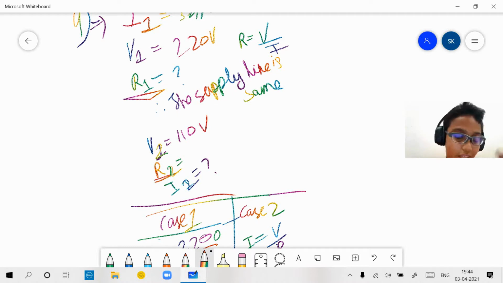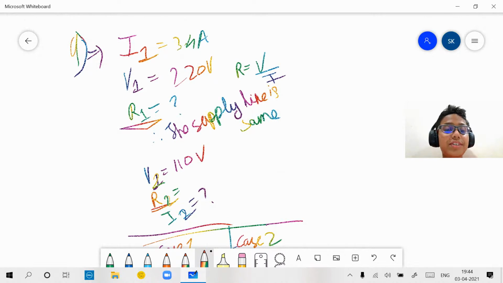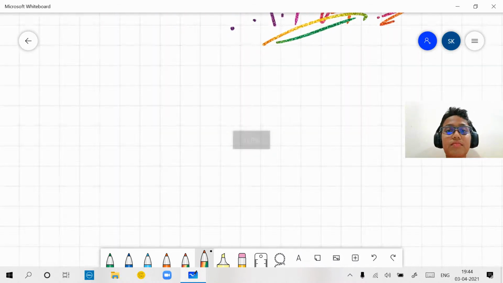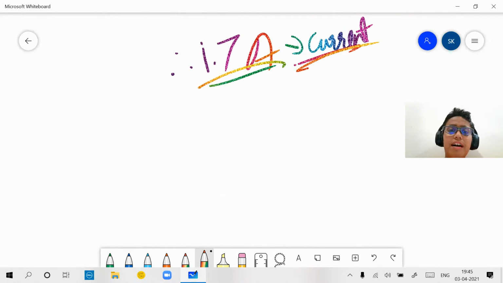So as both are in proportion, half of 3.4 is 1.7. The current will also get half. So that was a much simpler way. But to get knowledge of numericals, how to solve them, we have done this. Otherwise, it was very easy. So our final answer was 1.7 amperes. Sorry for the mistake.